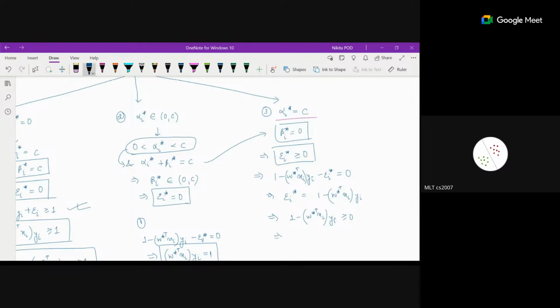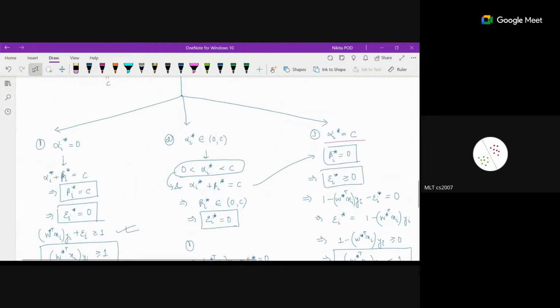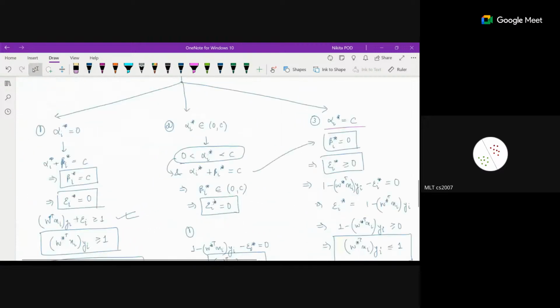And what can we say from here? That W star transpose xi yi has to be less than or equal to 1. So what we got is that if my alpha I star is equal to C, then in that condition, W star transpose xi yi has to be less than or equal to 1. All right.